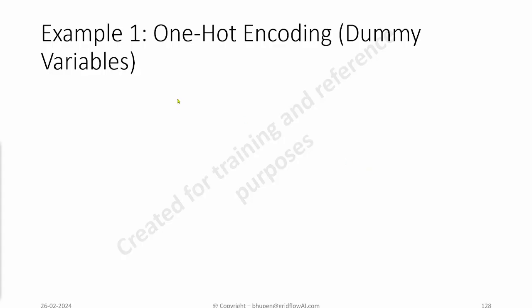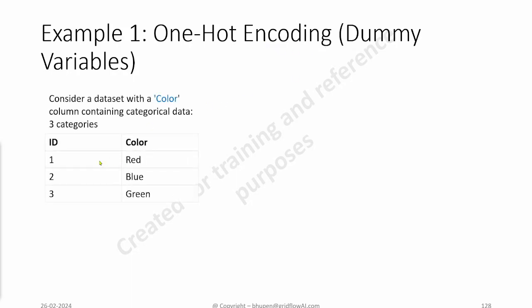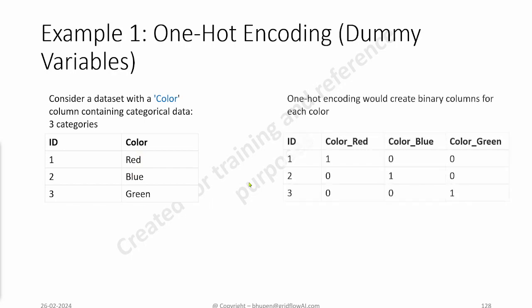So let's take an example of how we perform some of the encoding methods. The first method is called one-hot encoding. In this method, let's say you have color as a categorical column and the values are red, blue, and green. So we can convert into three columns.